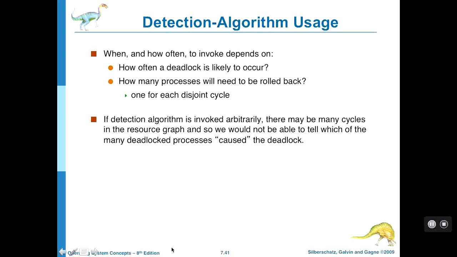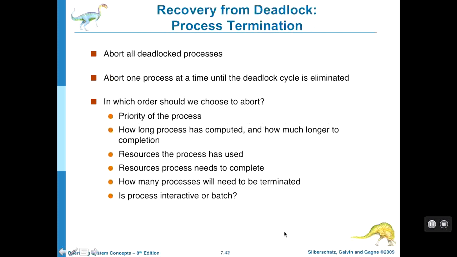If a detection algorithm is invoked arbitrarily, there may be many cycles in the resource graph, and we may not be able to tell very easily the easiest way to fix the deadlock. There may be lots of resources and processes involved, and it may not be obvious that if I preempt one process and cancel its allocations, that's necessarily going to fix the deadlock. That piece is a little harder to do.